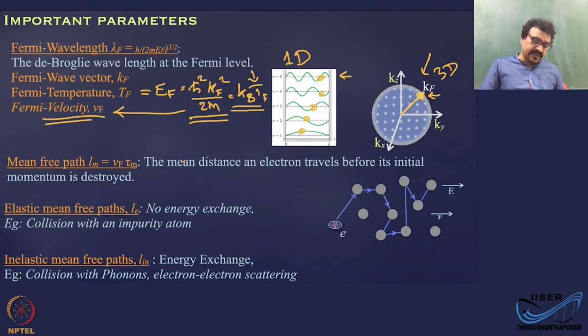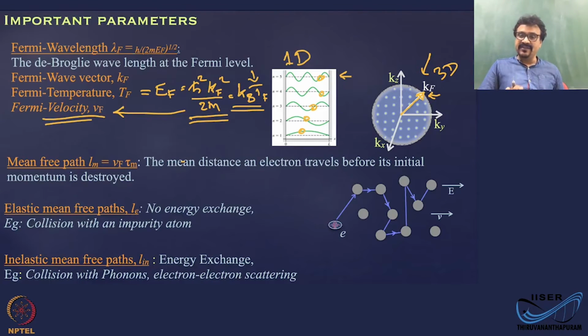Now, the way this is defined is the mean distance the electron travels before it resets, or before its initial momentum is completely destroyed. Unlike Drude's picture, here you don't need to worry about whether the momentum is completely reset or not, I mean, whether momentum has gone to zero. Here, the electron always will have momentum because those are quantum mechanical objects.